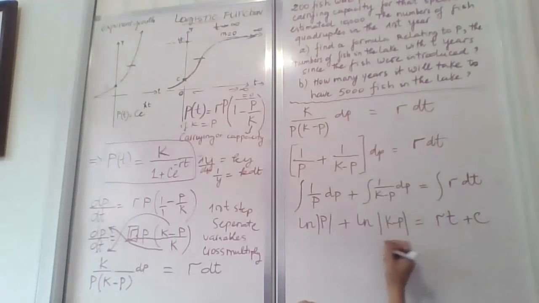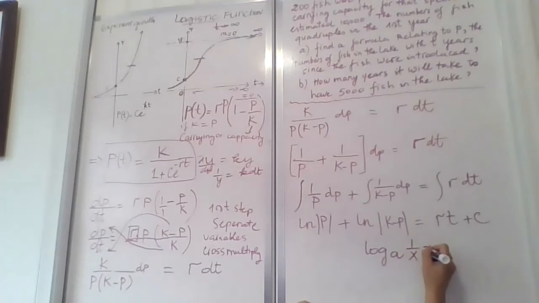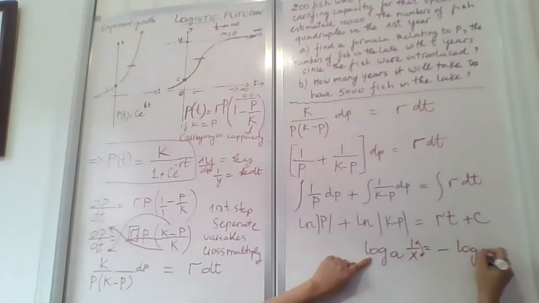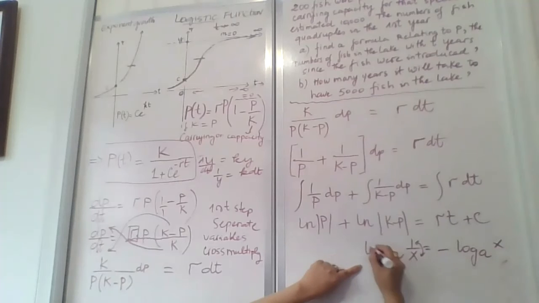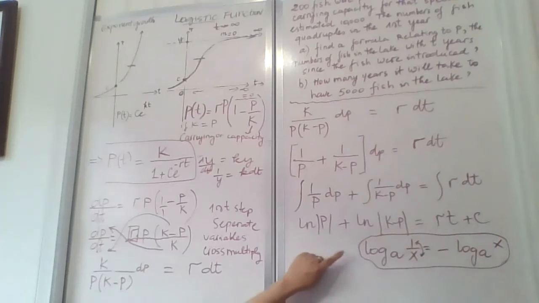So if you remember from math 12, log of A to the 1 over x, if you change this to become negative, then you have to flip this fraction, 1 over x, to become minus log of A, x over 1, or it's just x, like that. That is the formula you learned from the logarithmic rule in math 12, right? So we're going to apply this formula in here, okay?